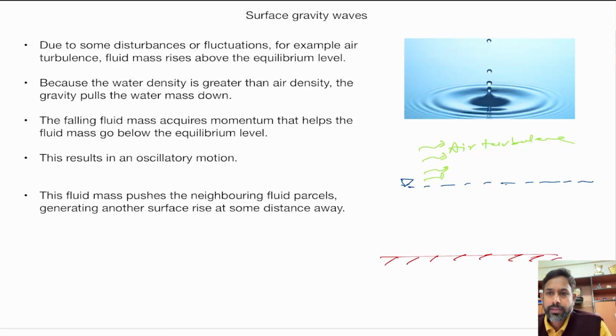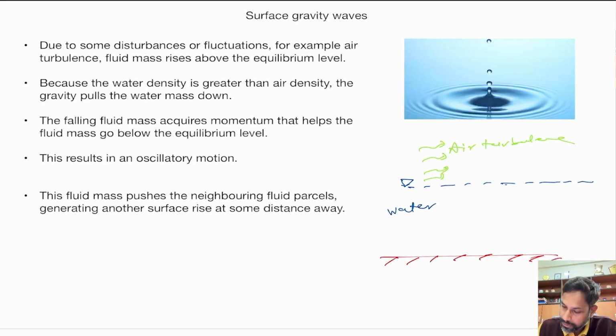So there is turbulence in air, and that actually tries to drive the upper layer of the fluid. Or if you throw some stone or something in water, that again will disturb the equilibrium, right? So originally there was this equilibrium in water, so this is water, and now due to the disturbance that is getting created, there will be some rise of mass.